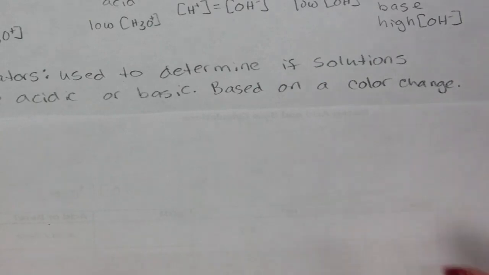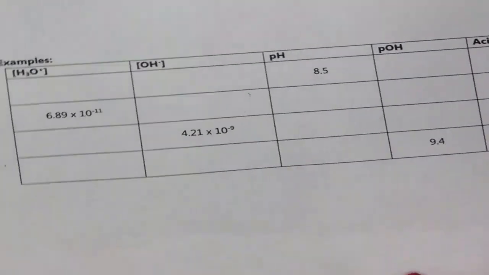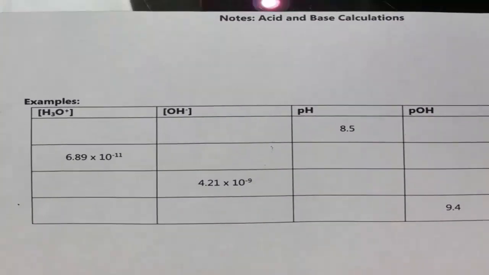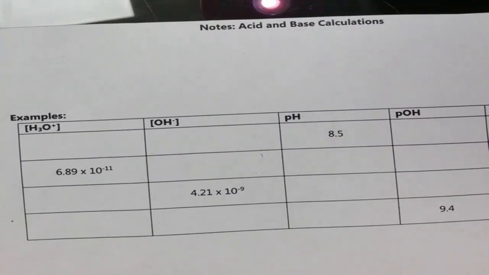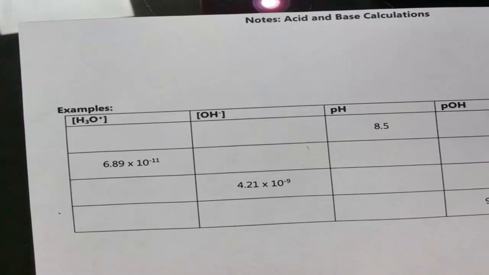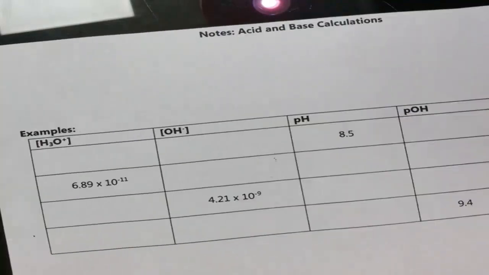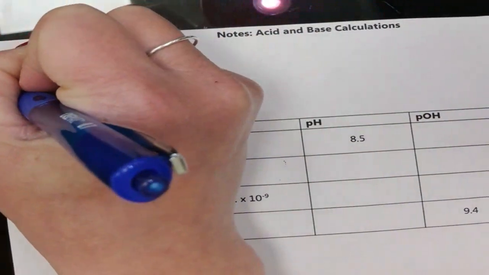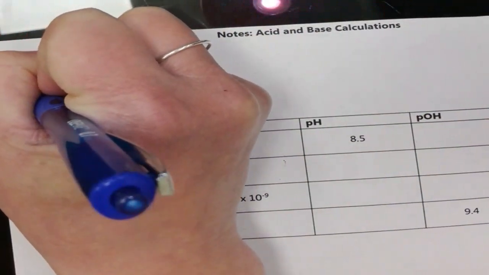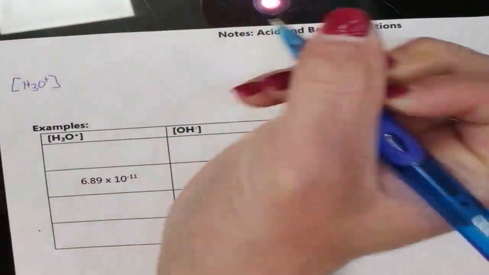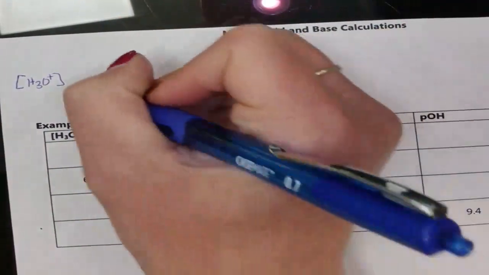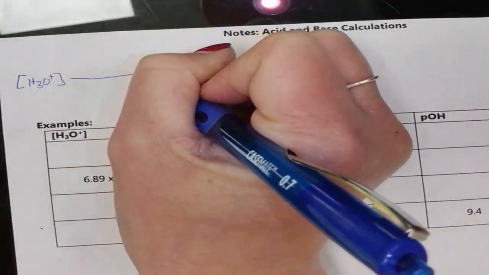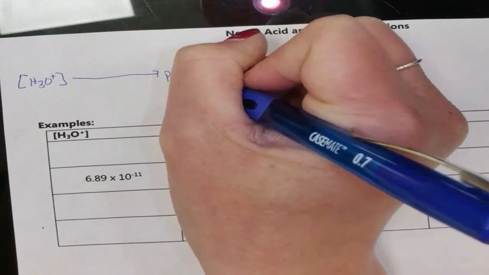We'll work on that. So now let's go to this worksheet that I have provided for you on Canvas, and let us fill in a flow chart. The concentration of hydronium ions, I can use that to find pH.